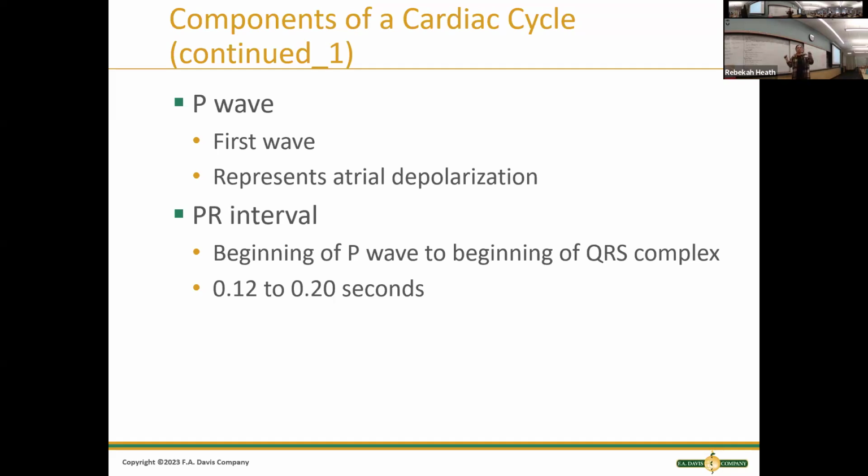And again, remember we talked about blocks, and I'm not going to go into those a lot, but if it's very wide, the length is taking longer, it might mean that something is blocking the conduction system going through. That's what blocks mean. It's just something blocking that conduction system.